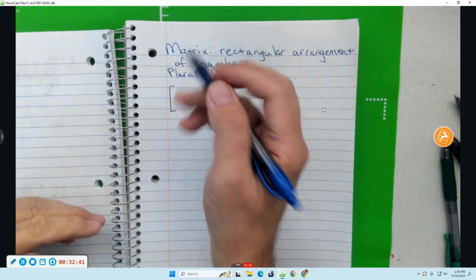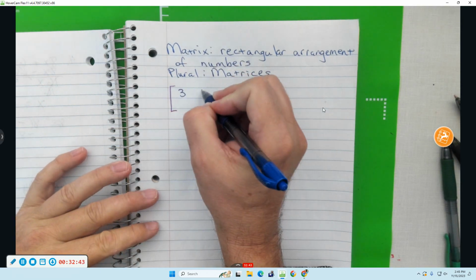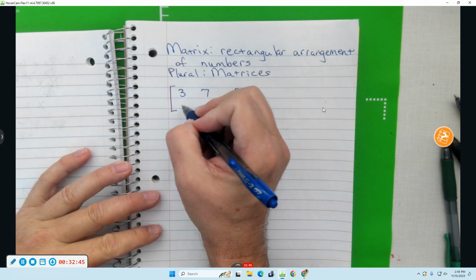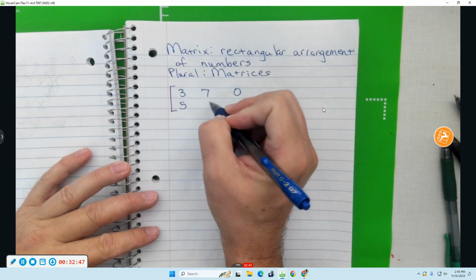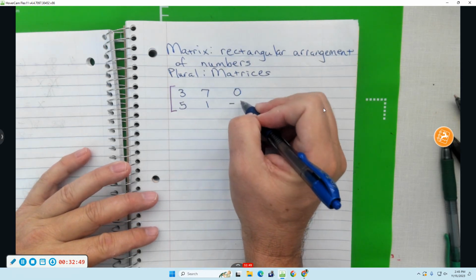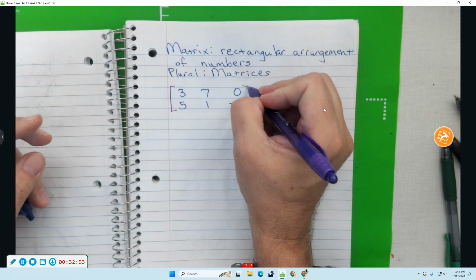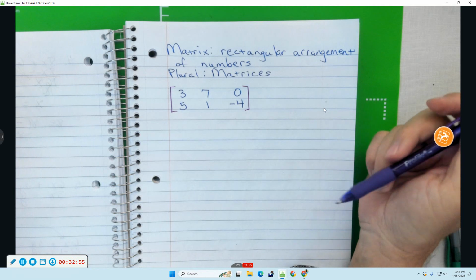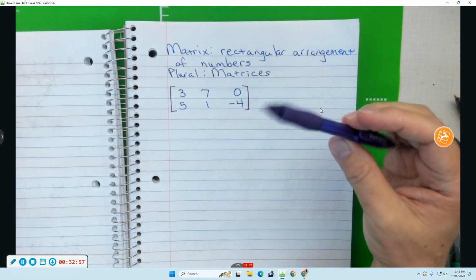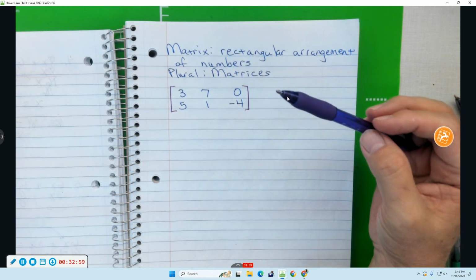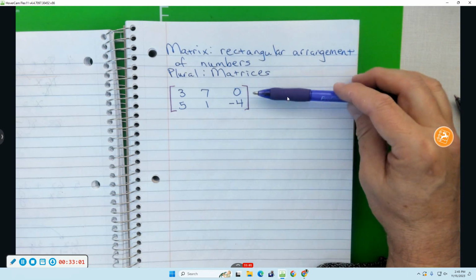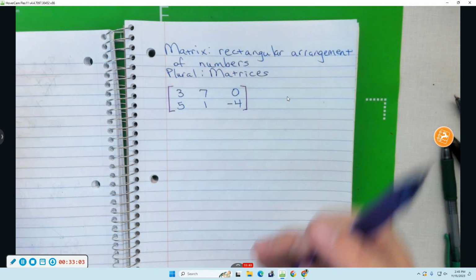Okay, something like 3, 7, 0, 5, 1, -4. I've just made up a matrix. There's a matrix. Some terminology. The horizontal alignments are called rows.